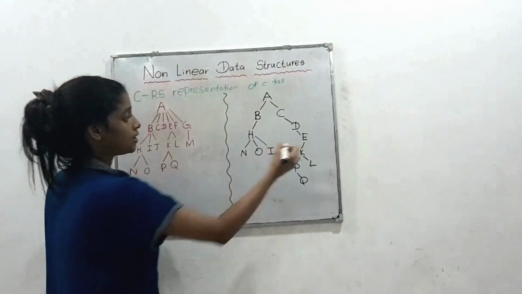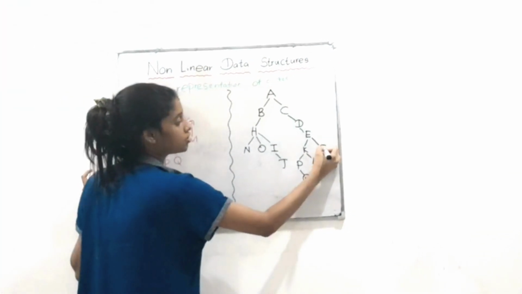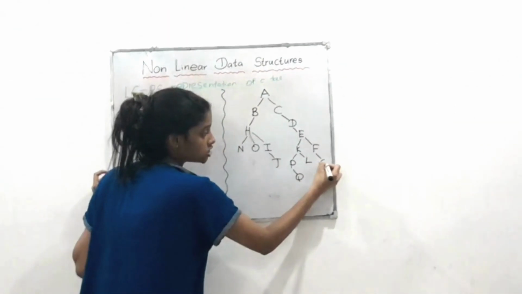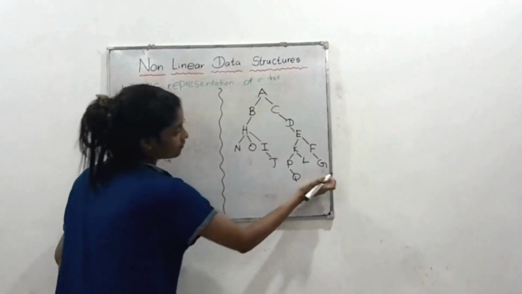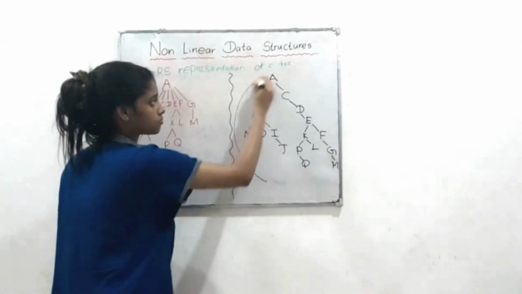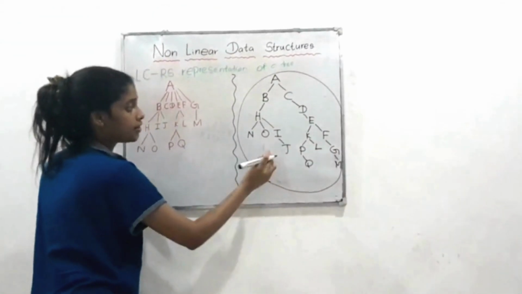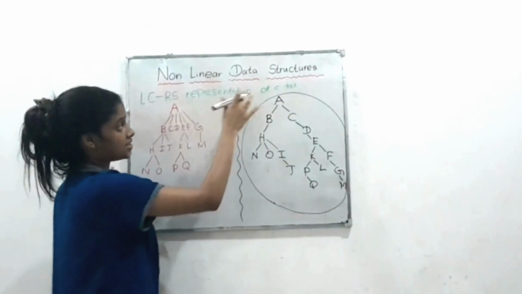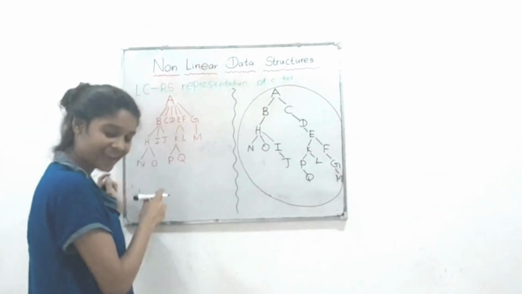Next, E have F in right side, then F have G and G have M, right? So, this is the LCRS representation of this tree, right?